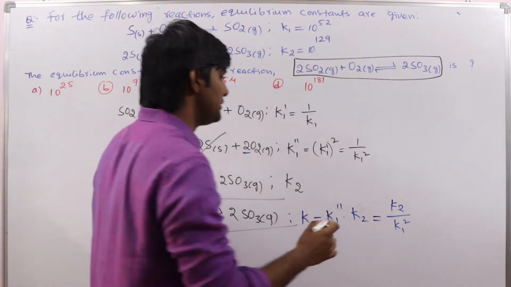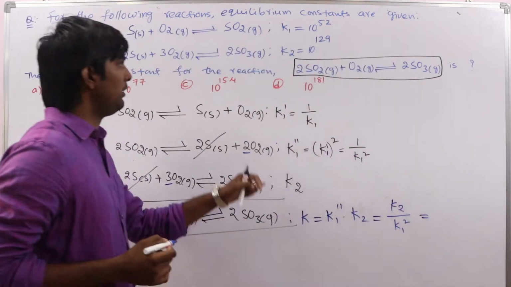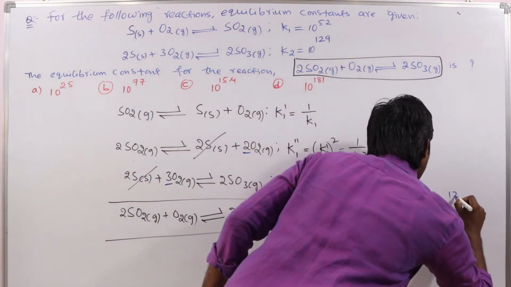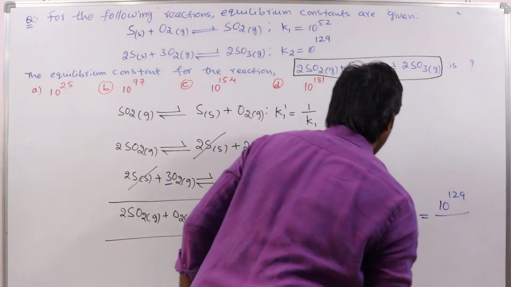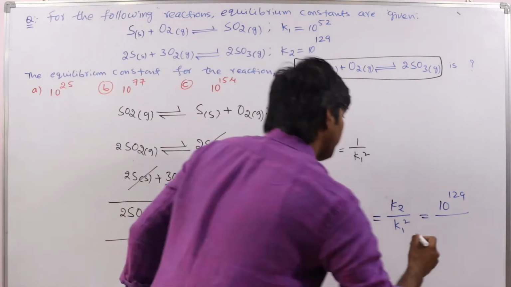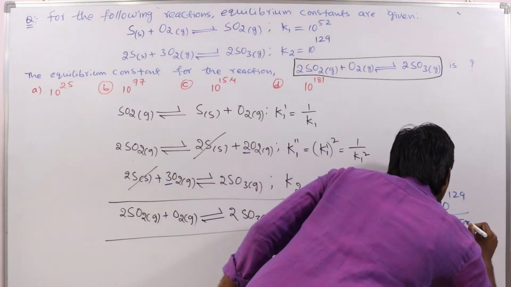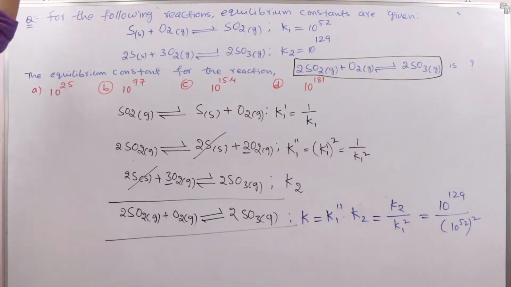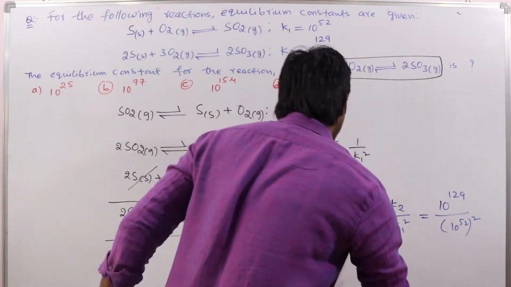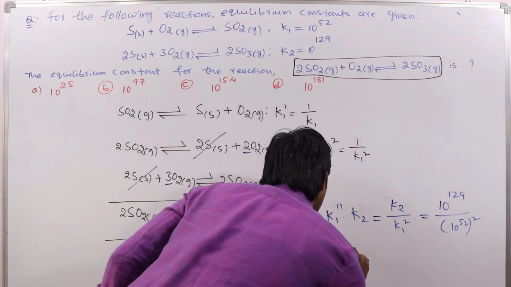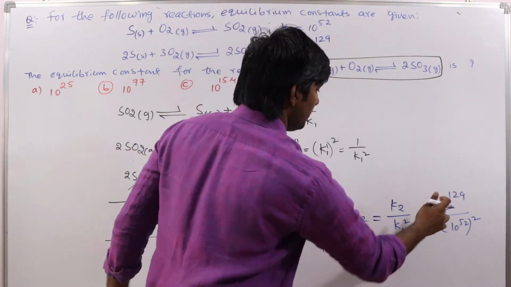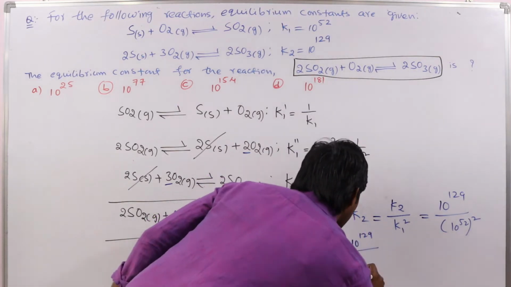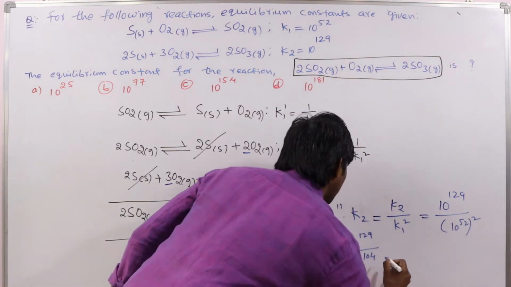Let us now substitute the given values. K2 is given as 10 power 129, and K1 is given as 10 power 52, so 10 power 52 whole square. If we simplify this, K is equal to 10 power 129 by 10 power 104.